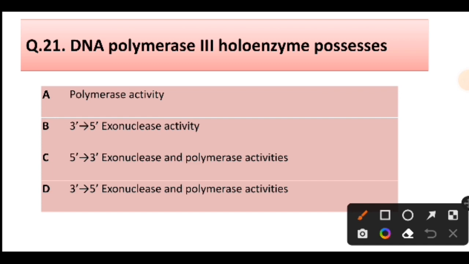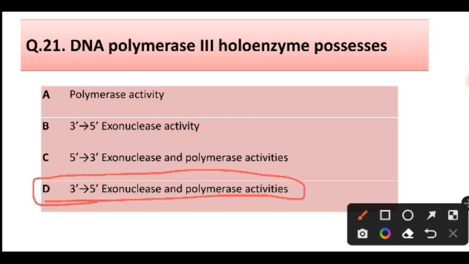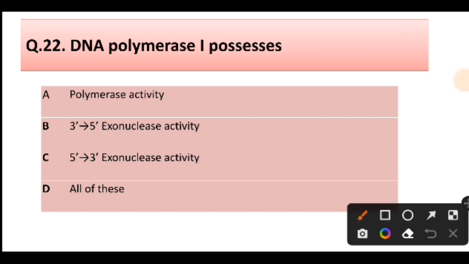Question 21. DNA polymerase 3 holoenzyme possesses polymerase activity, 3 to 5 exonuclease activity, 5 to 3 exonuclease and polymerase activity, 3 to 5 exonuclease and polymerase activity. Correct answer is option D, 3 to 5 exonuclease and polymerase activity. Question 22.